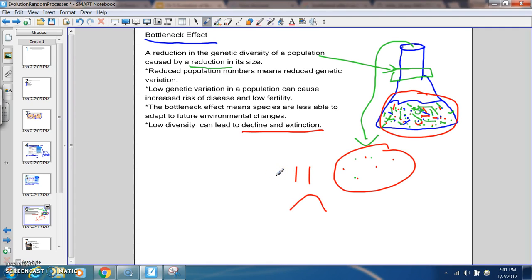With bottleneck effects, you could pretty much safely conclude that all endangered species or species of concern have had some type of bottleneck, in most cases through human interaction. It could be habitat loss, climate change, or poaching. Any of those things drastically reduces the size of the population, which leads to further change in that same direction, which we all know is a positive feedback loop.